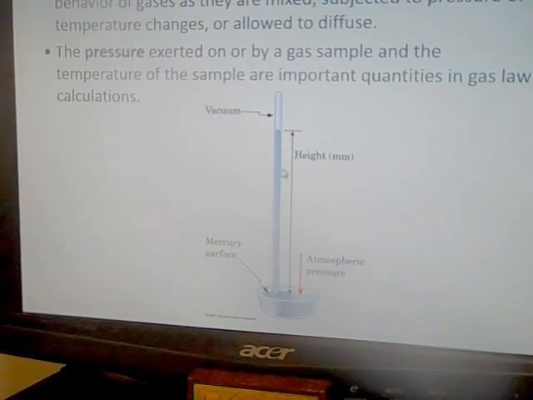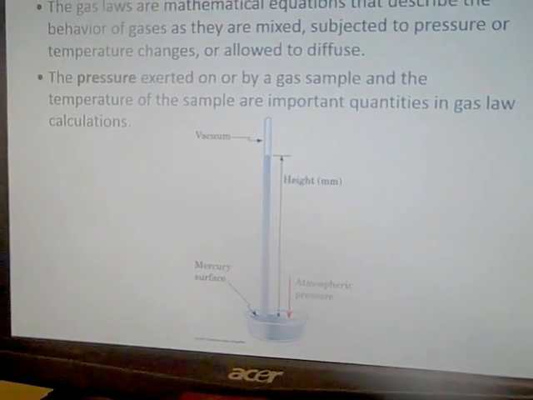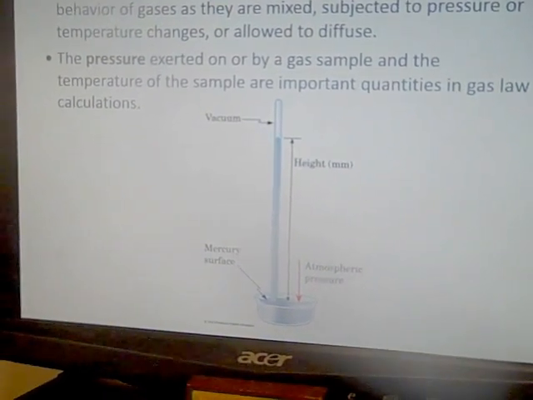So changes in height correspond to the pressure. So that's how we measure pressure. And again, just like in measuring temperature, we rely on an equation of state to help us make this measurement.